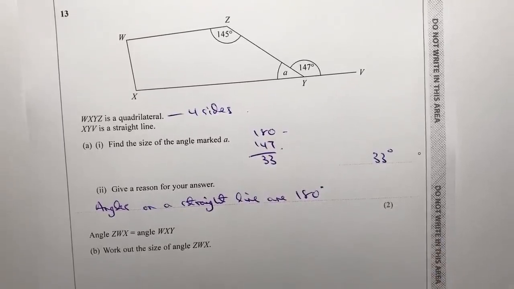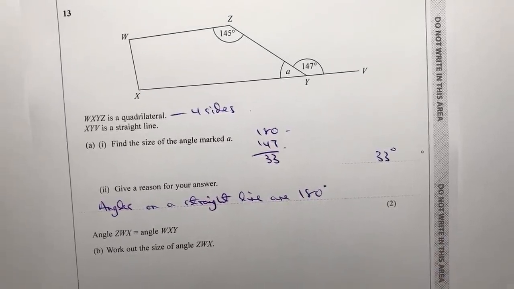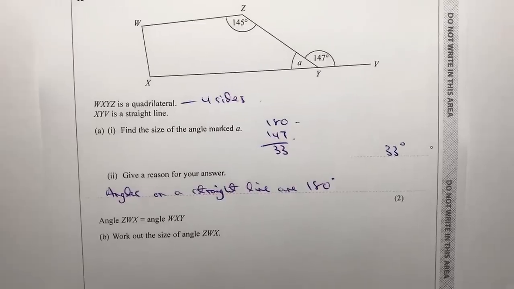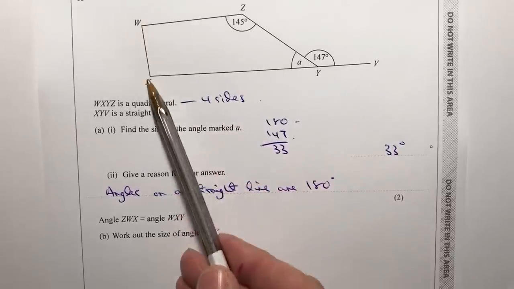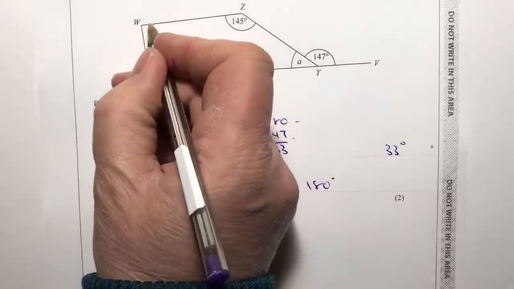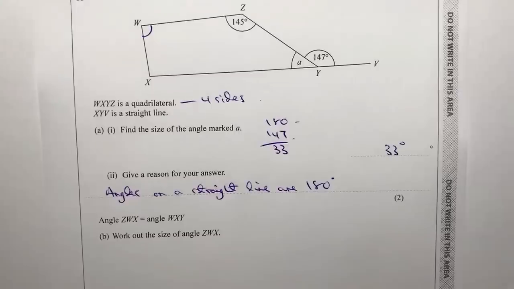Okay, so we mentioned before about having this quadrilateral where the internal angles add up to 360 degrees, and we're being asked to work out the angle ZWX. So let's just have a look at that. ZWX. So in other words, it's this one over here that we're being asked to work out.